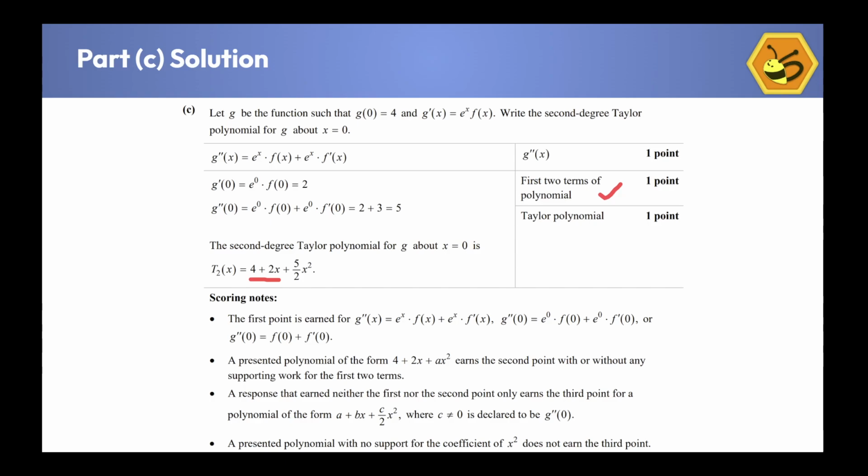Not really point allocations yet, because they want to take a look at the first two terms of the polynomial, with or without any support work. So I don't think they even care about that. It depends on your preference, but the trickiest part for me for BC parts is the Lagrange error.